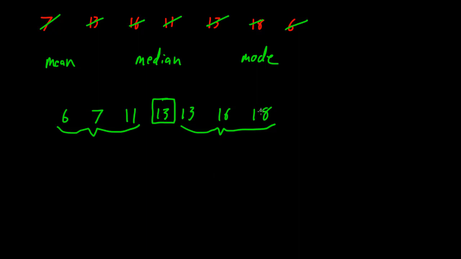So for example, let's say that we don't have this 18 in here, and our values are just 6, 7, 11, 13, 13, and 16. In that case, we're going to take our 2 middle values, in this case 11 and 13. We're going to add them together, so 11 plus 13 is 24, and we're going to divide that by 2 to get 12. And that's our median if n is an even number.